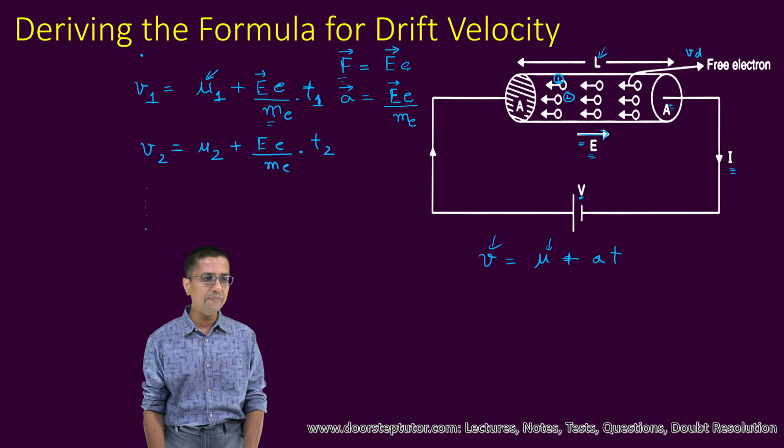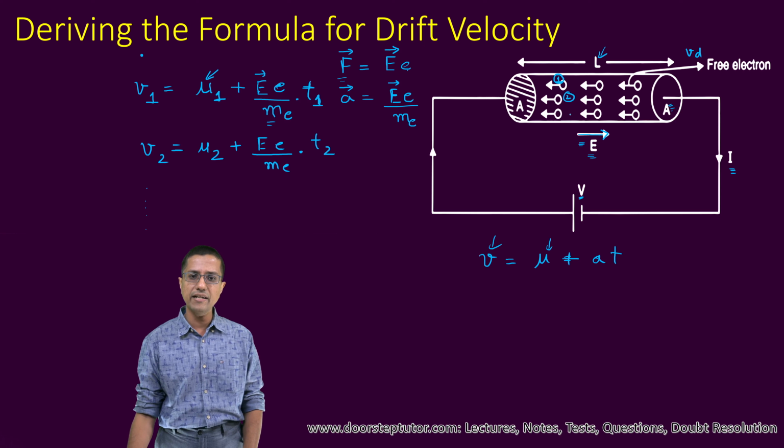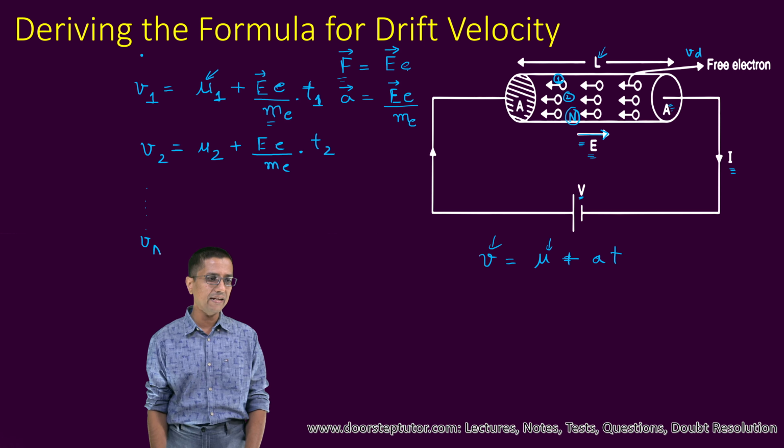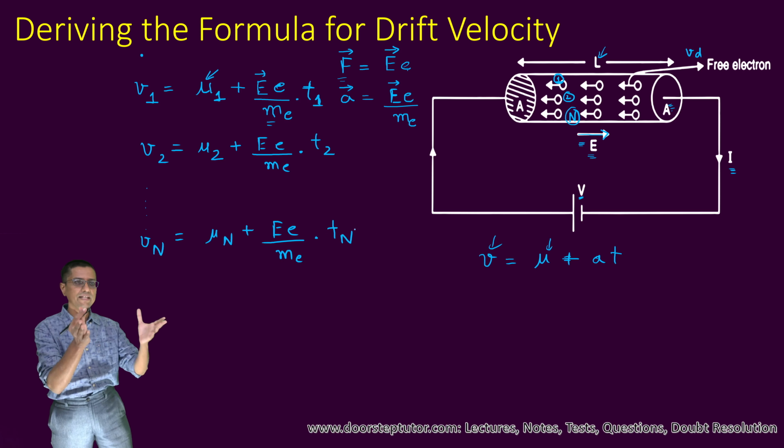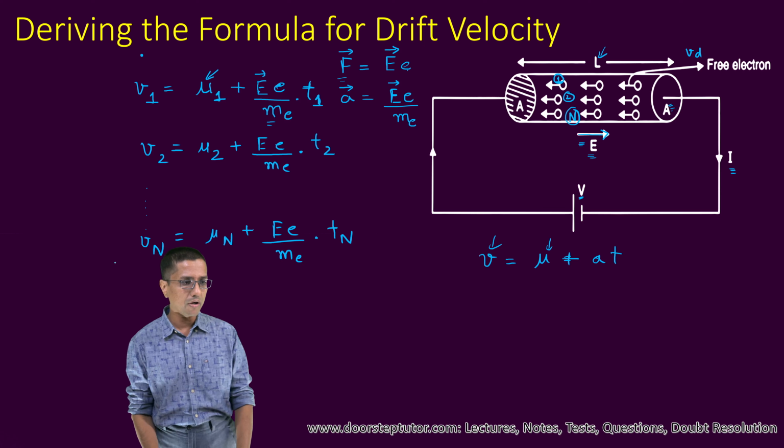And we do this for all the n conductors which are present here. So vn will be equal to un plus the same acceleration for everyone. The acceleration that they are feeling does not really change. It only depends upon our electric field. So this is the net velocity for all the conductors.